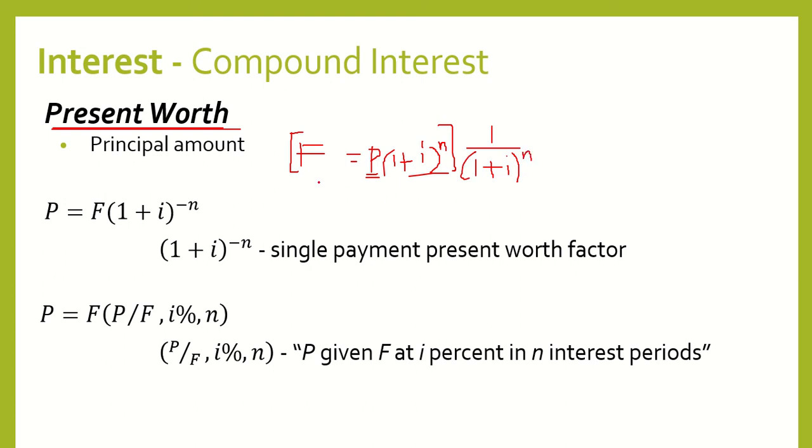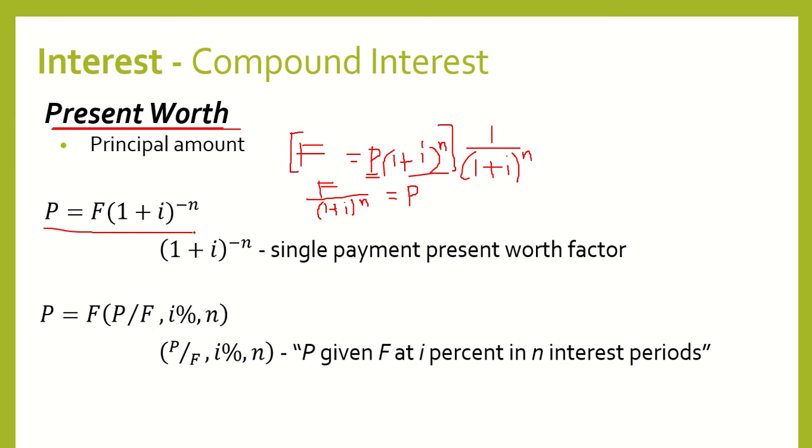Now, we will then get F over the quantity of 1 plus I quantity raised to power n is equal to P. By laws of exponent, when a term is in the denominator and you want to bring it to the numerator, that would mean we will change the sign of the exponent, and that will become negative.